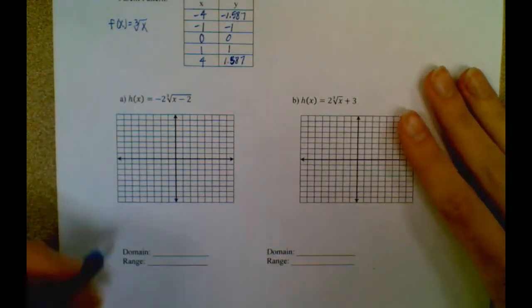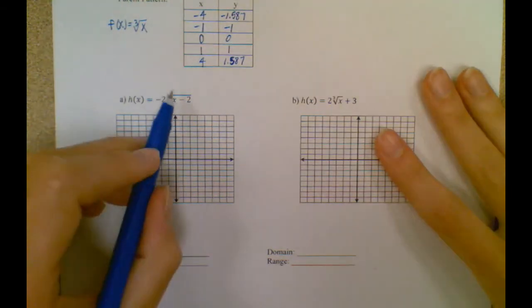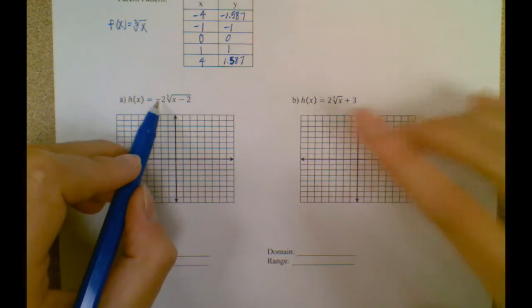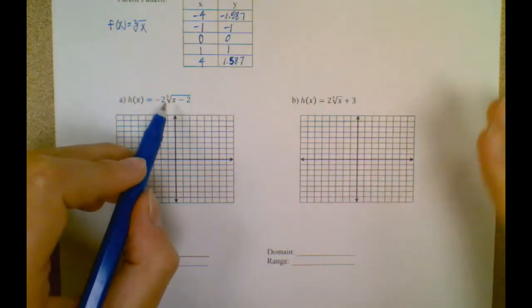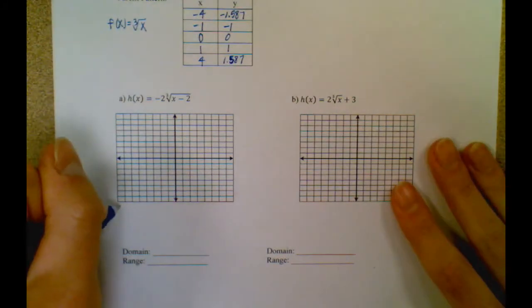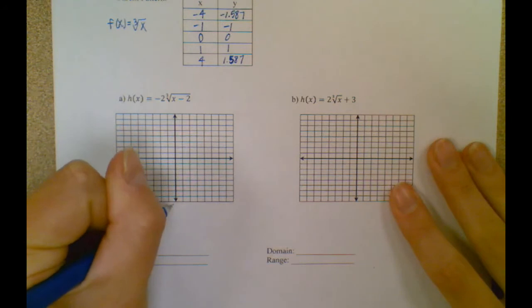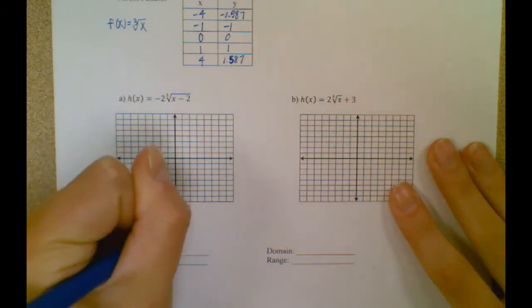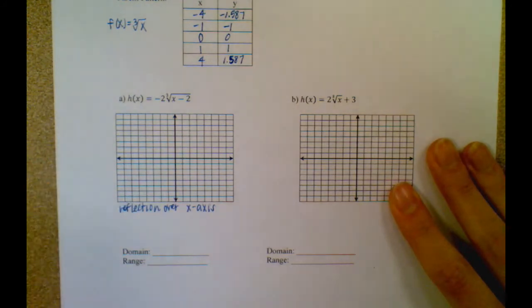So letter A. Oh, we've got lots of transformations. We've got 1, 2, 3 transformations here. Remember, this is not -2. You have to think of this negative as its own transformation and the 2 as its own transformation. So we have a reflection over the x-axis. Okay.